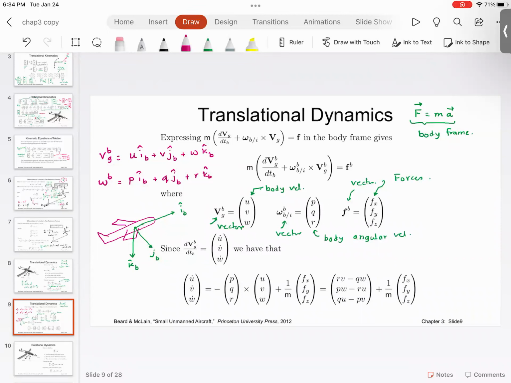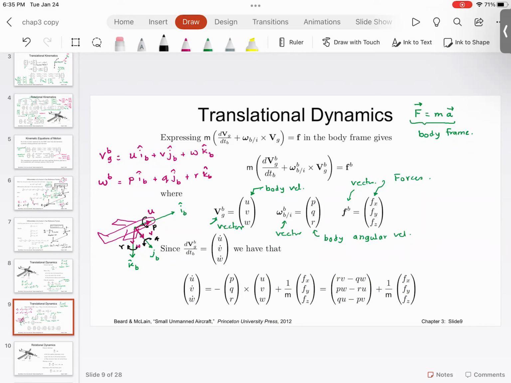And what I have here is, this is my U, this is my V, this is my W, and P, Q, R are the positive rotations about these. So this is P, this is Q, and this is R.